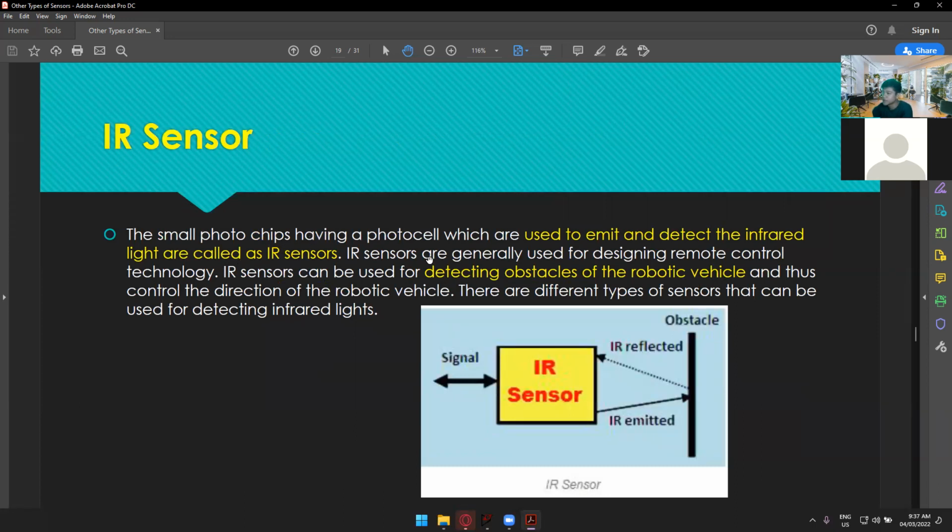It can also detect objects through the emitted infrared, and once it detects an obstacle or object, the infrared is reflected, and it will notify that there is an object in front of it. Those are the different kinds of object sensing.